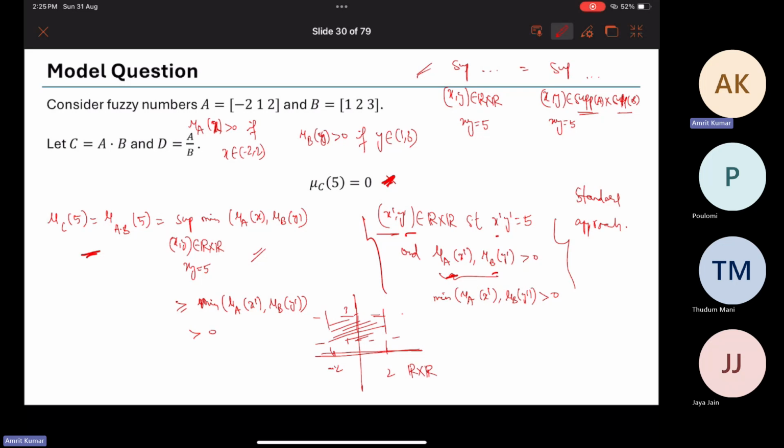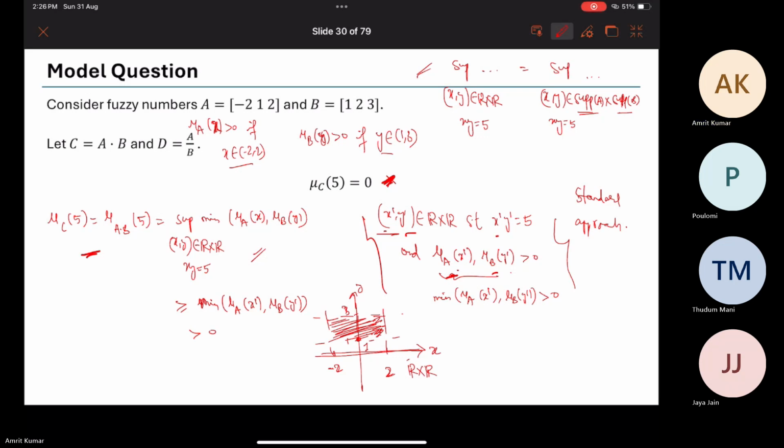It suffices to perform our search in this particular square, right? Because it's only when x is between -2 and 2 and y is between 1 and 3 that both mu A of x and mu B of y are greater than 0. And we want both of them to be true in order to find such a pair x dash comma y dash. Therefore, we don't need to search the entire R cross R. It suffices to search this. So I hope that is clear.